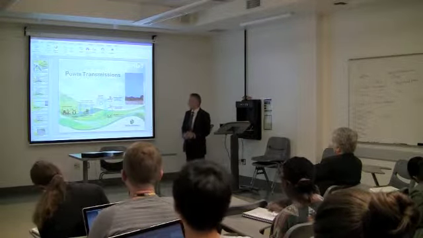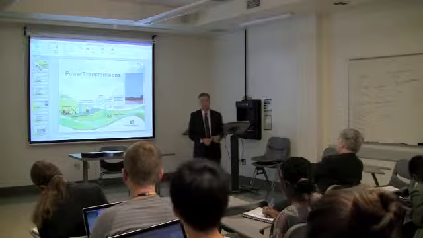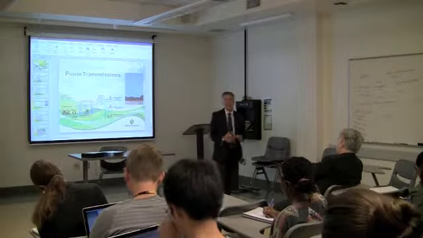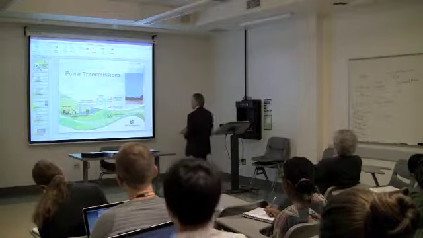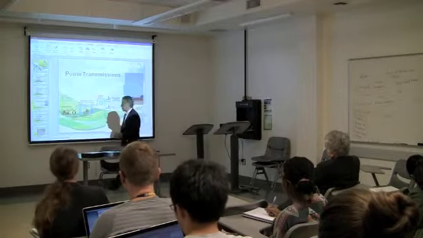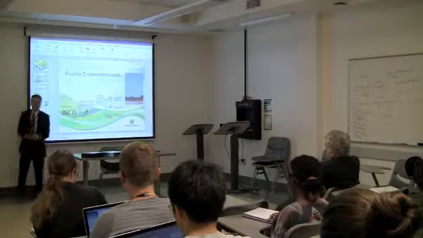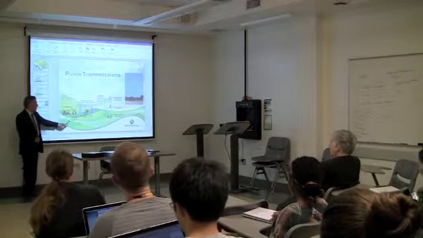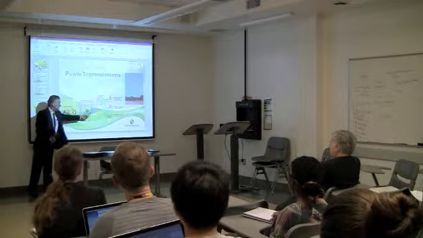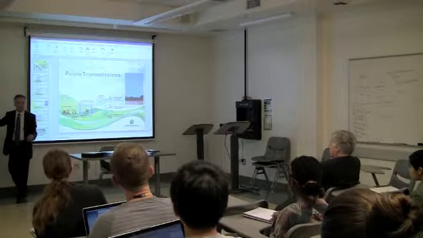Now, we've talked about generation up to now. Now we're going to talk about transmission. Power transmission is when you have a generation facility, where power is generated. Then it goes into these towers that you've probably seen around Long Beach.